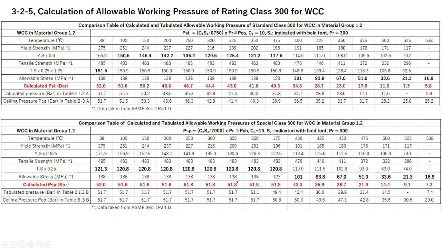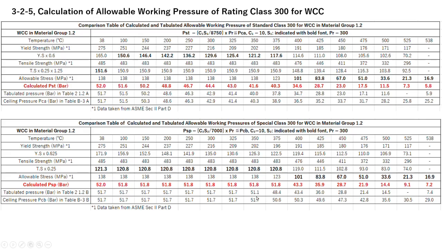So calculate the PSP number, assign here. So we compare with the tabulated pressure and ceiling pressure. So ceiling pressure here. So tabulated pressure for a special class, almost same value indicated for ceiling pressure, like this.